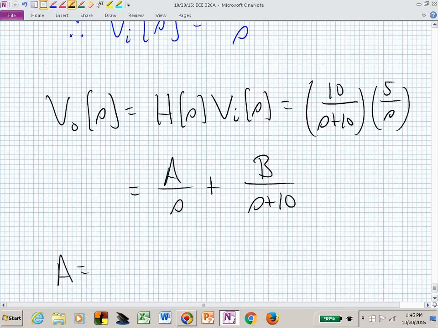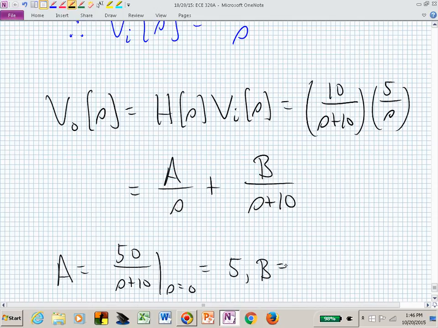As a review, you should be able to just do this in your sleep. When you wake up tonight, tomorrow night, you roll over and you go, A, it's equal to S times V sub 0 of S evaluated at S equal to 0, right? So this now becomes 50 over S plus 10 evaluated at 0, or 5.